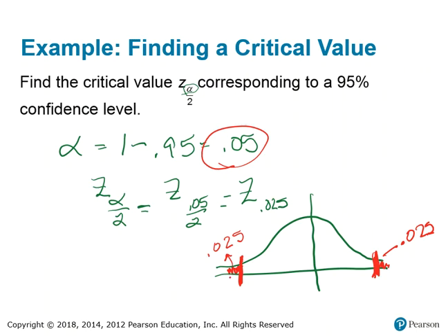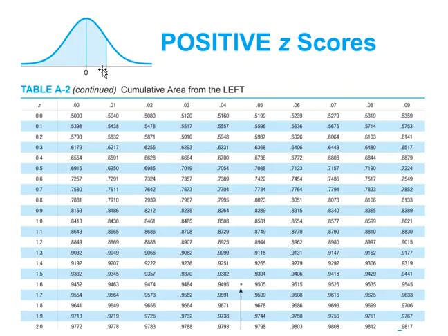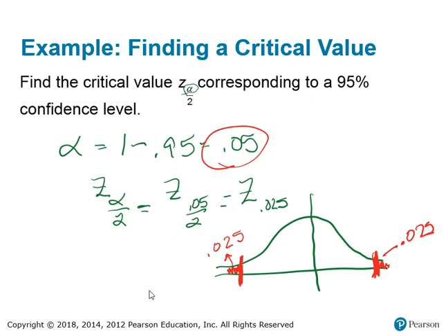Now let's think about it. This is 0.025, this is 0.025. The z-score tables, and I'll show you part of one here. So notice here on the z-score tables, the numbers that are in here are from your critical value or your z-score all the way down on the left-hand side. So all the blue is included here. So when I think about that in this case, all of the blue, so that's going to be from here all the way down is what's included on the chart.